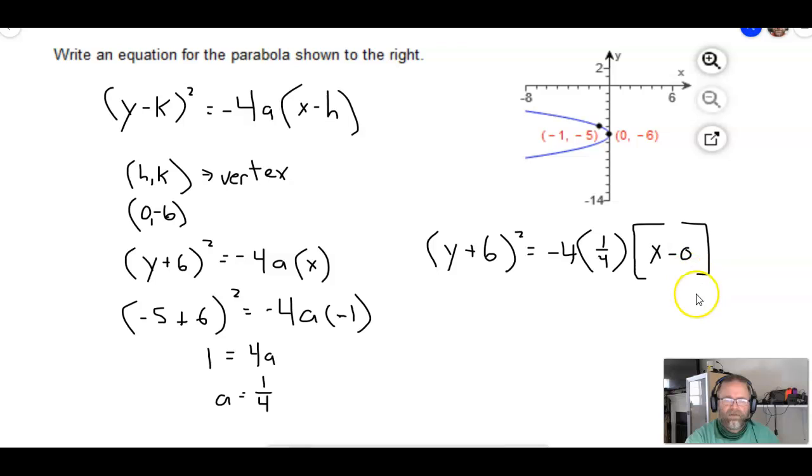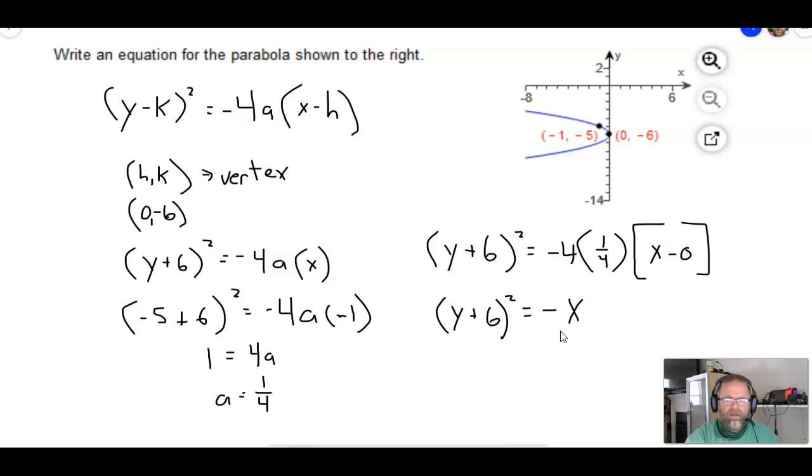Simplifying everything, I get y plus 6 quantity squared is equal to negative 4 divided by 4, which is negative 1, so that's just going to end up being negative x. And this here is our formula for a left opening parabola.